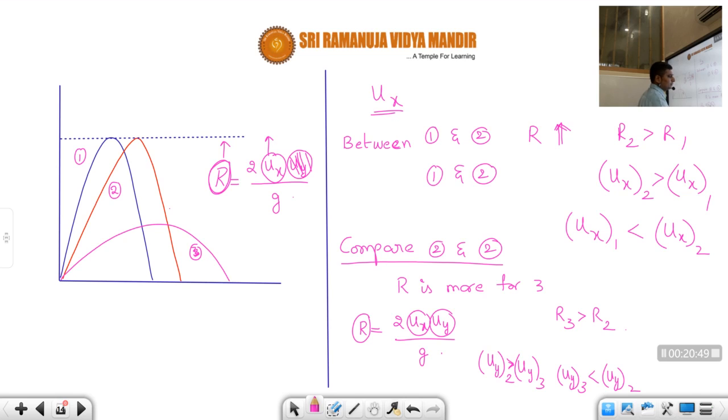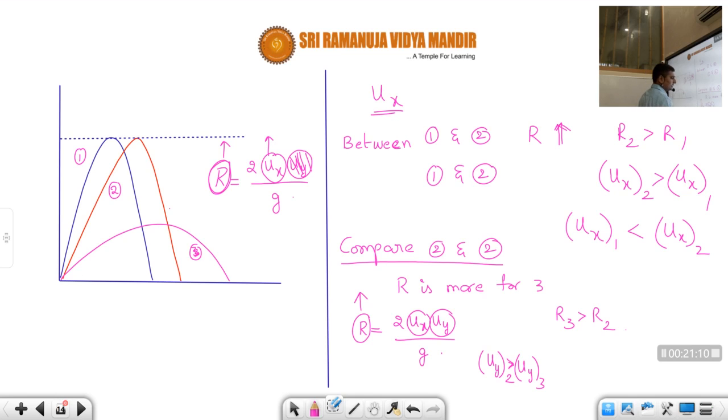So as you are going from 2 to 3, from the second projectile to the third projectile, the range is increasing. Correct or not? From the diagram, range is increasing.